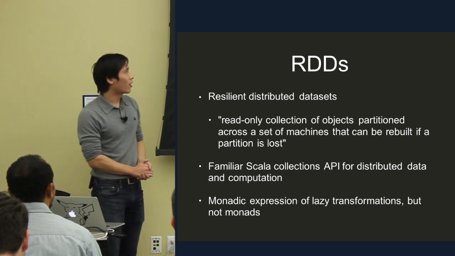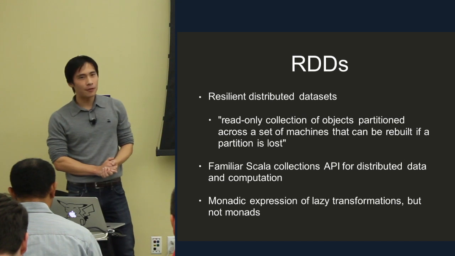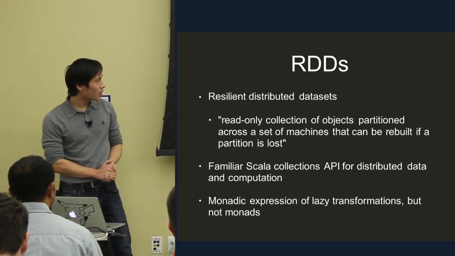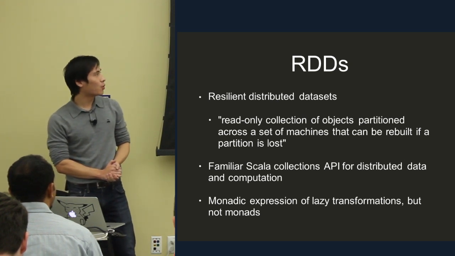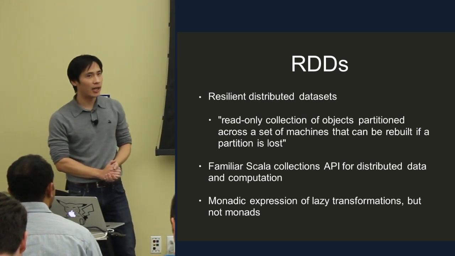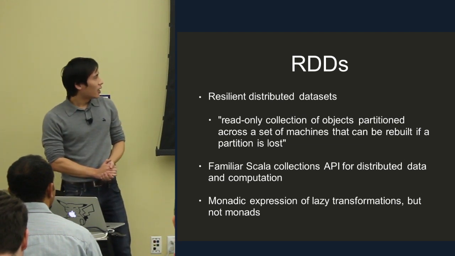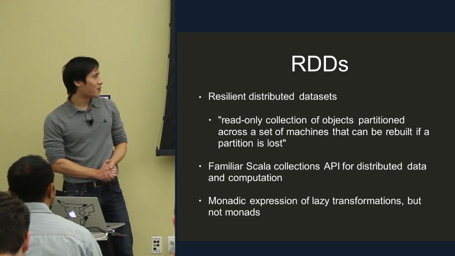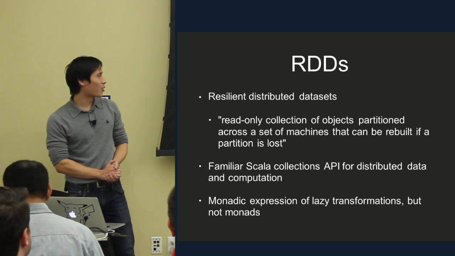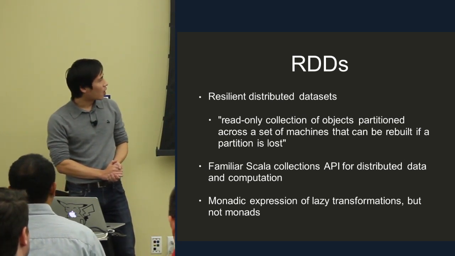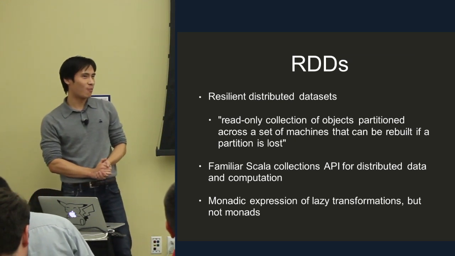But the other really nice thing that RDDs offer is a really expressive and familiar Scala collections API for doing big data analysis. And that's what I'll be focusing on in this talk, not the in-memory caching aspect. And for those of you who are functionally inclined or love Scalaz, another way of looking at RDDs is a monadic expression of lazy transformations, except RDDs aren't monads.